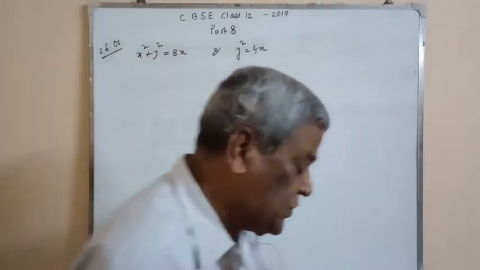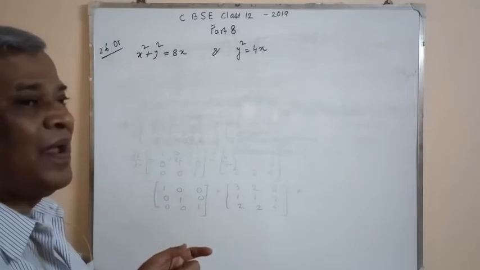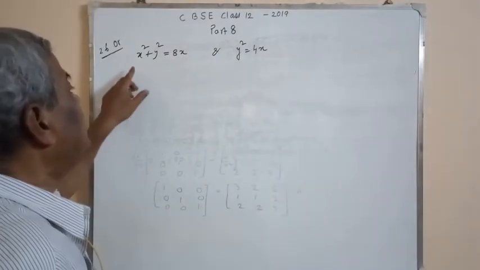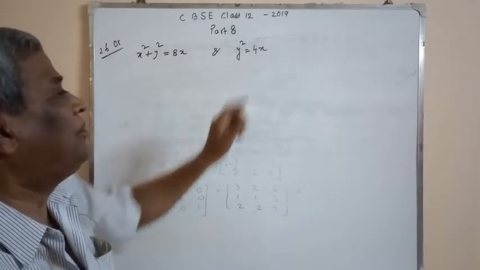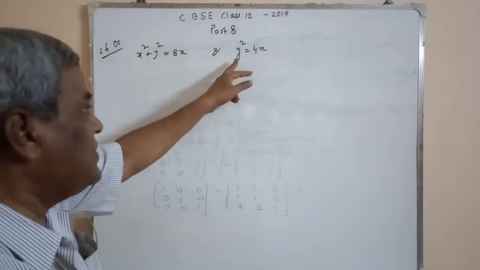So the problem is very simple. We have to find, by integration, the area included between this curve and that curve. It is a circle and it is a parabola.